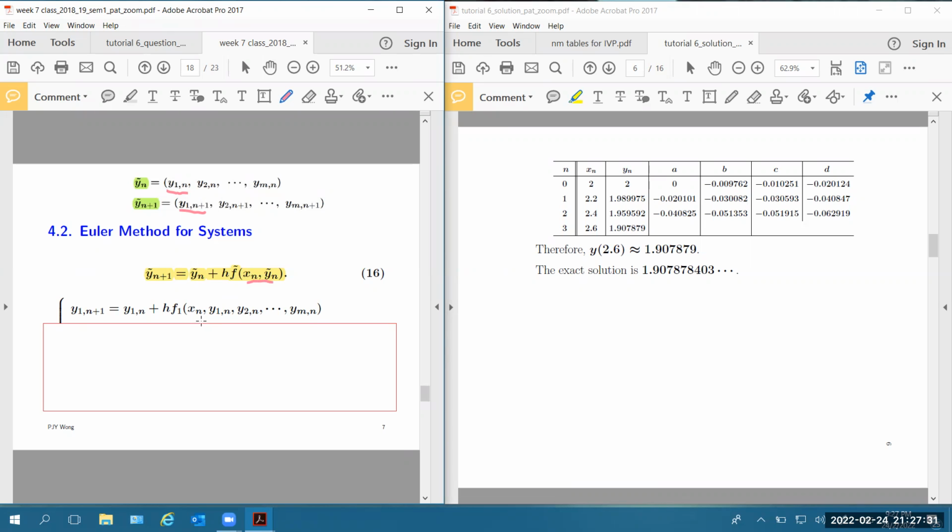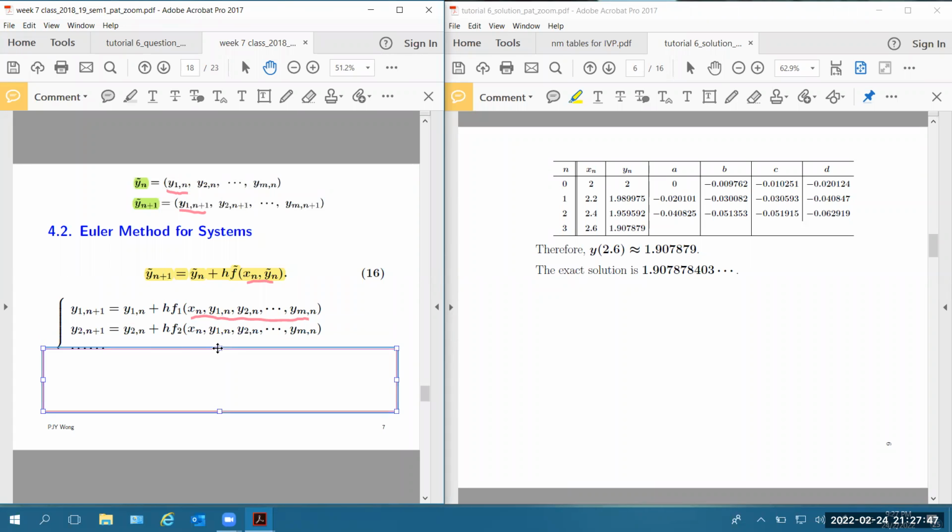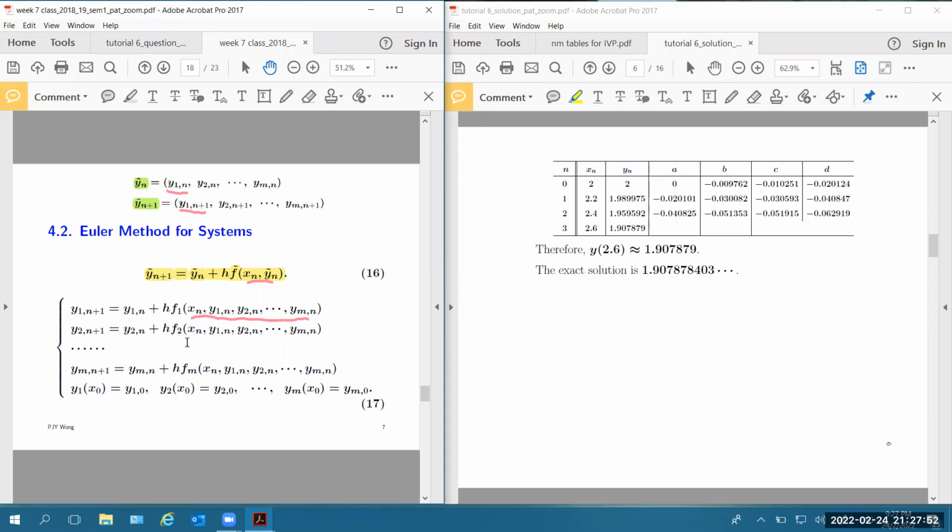Now, for the arguments, you just write out everything. Is it okay? So you get your first equation already. And then obviously you can get your next equation. If you can do the first one, then obviously you can do your second one, and so on. Is it okay? So this is called the Euler method for systems.